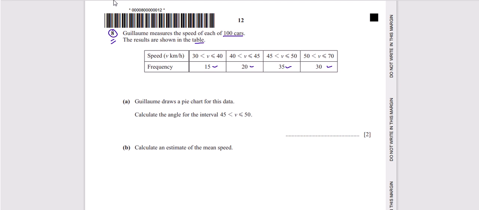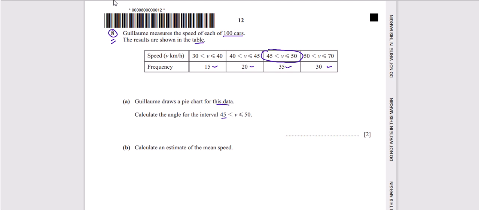Guleme drew a pie chart of this data. Calculate the angle of this interval. So we are going to find the angle of this interval.